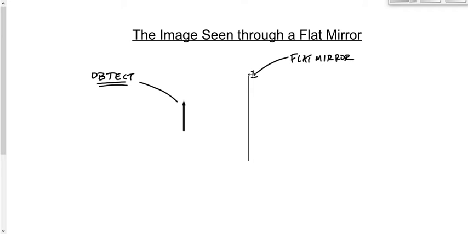We're going to say that the first ray is coming from the top of the object, and it's going to strike the mirror straight on. Where's it going to reflect? Straight back, right? If it hits it at 0 degrees, and that is 0 degrees, not 90, then it's going to reflect straight back at 0 degrees. Let's extend that reflected ray back here as a dotted line. Okay, there you go.